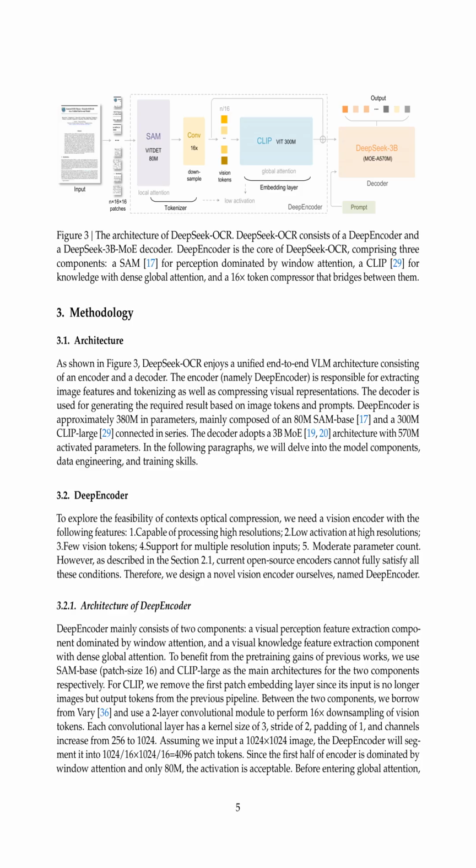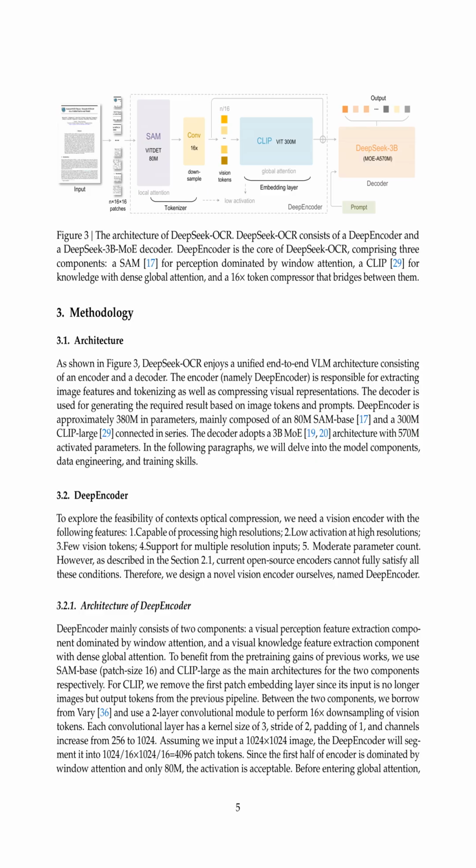SAM, ViTDet, 80M, local attention, conv 16x, CLIP, ViT, 300M, global attention, downsample, N by 16 by 16 patches, vision tokens, N by 16, DeepEncoder, DeepSeek3B-MoE-A570M, prompt, output, decoder, tokenizer, embedding layer, input, low activation.